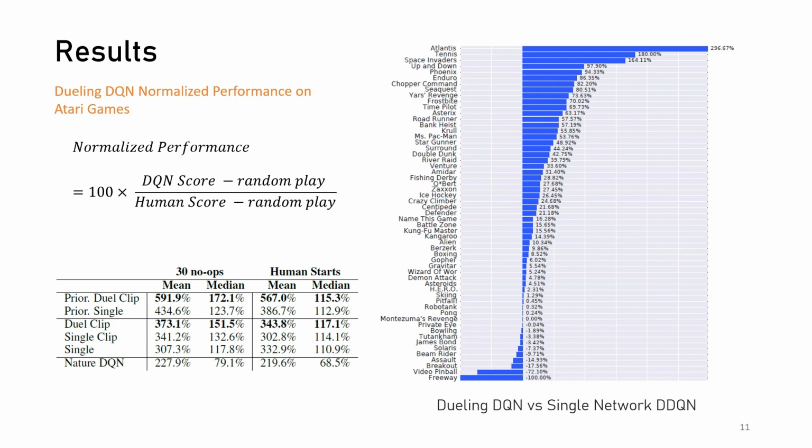As you can see on the right, dueling DQN outperforms double DQN for most Atari games. The table shows dueling DQN with prioritized experience replay and gradient clipping, showing a significant improvement in performance over its predecessors.